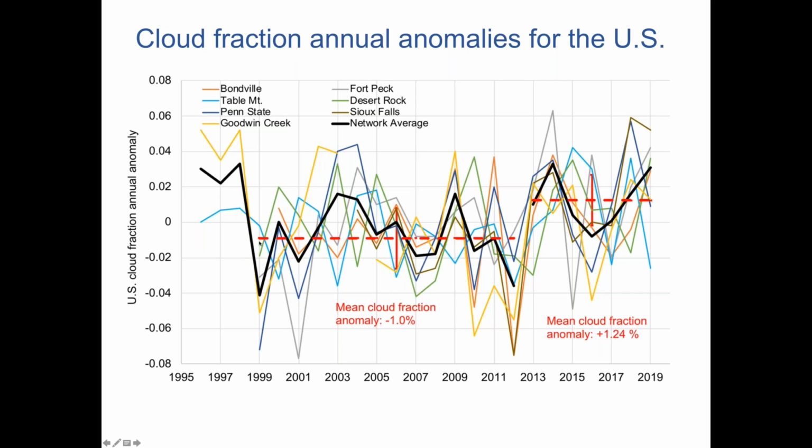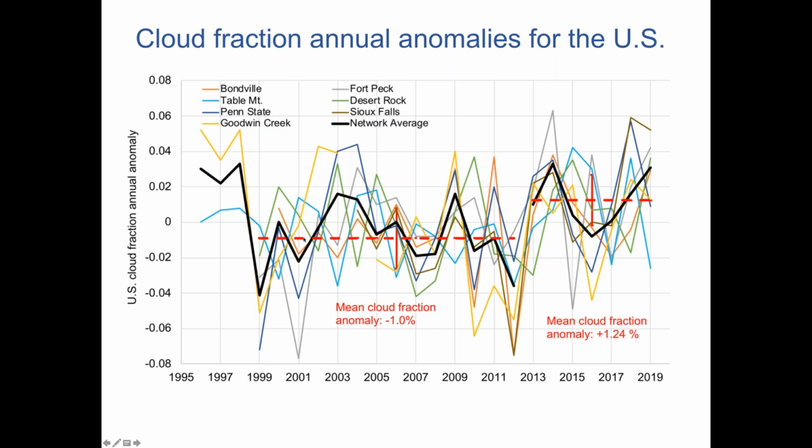But what I've done was separate out the brightening period and the dimming period. And you really can't fit a trend line to this. I tried, and it came out to be not significant because of the variability.